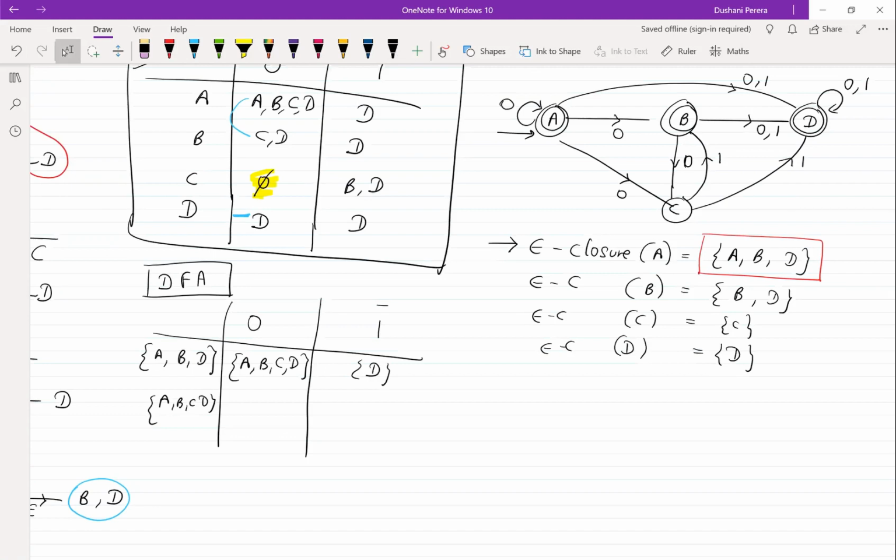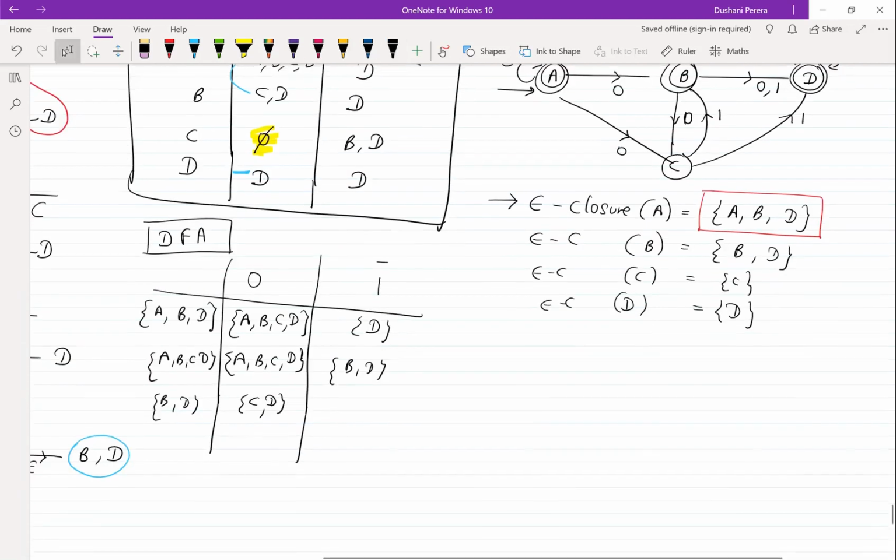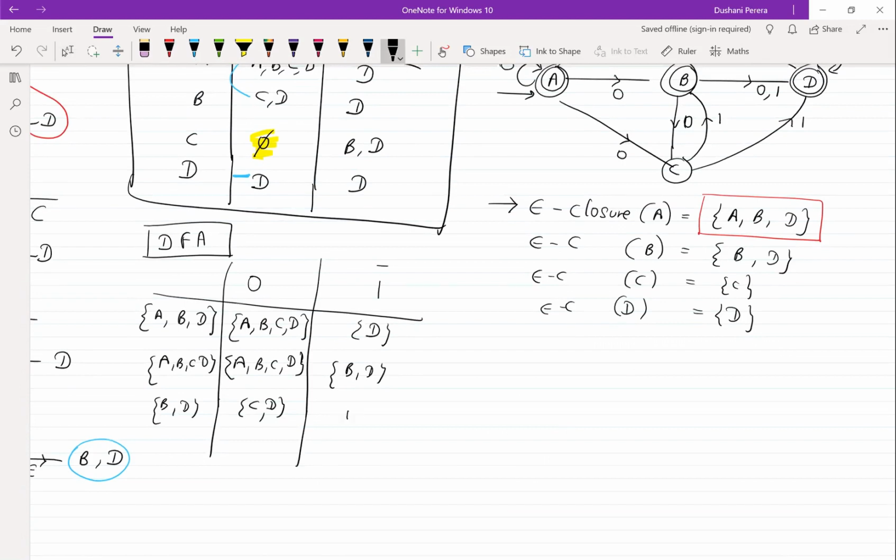You have to get all together. When you get all together, what happens? Here you get A, B, C, D, the union of everybody, all the results. Here you get BD. A new one comes, BD. Taking the union of BD, here you get CD. And here you get BD, so this is D. Another new one came, CD. So union of C and D.